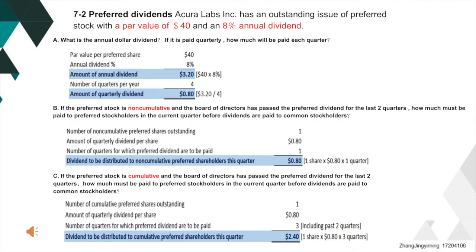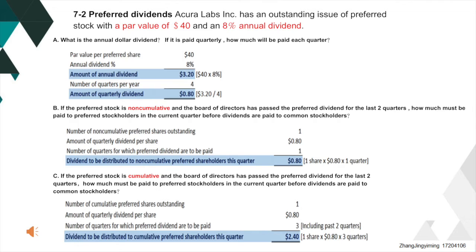For question B, if the preferred stock is non-cumulative and the board of directors has passed the preferred dividends for the last 2 quarters, how much must be paid to preferred stockholders in the current quarter before dividends are paid to common stockholders? If shares are non-cumulative, there are no dividends in arrears, so only the current quarter dividends of $0.8 will be paid.